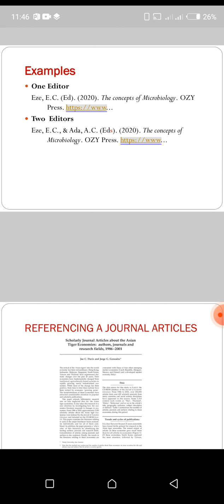If you have a book edited by one person, for example here we have EC, in brackets we have ED showing editor, meaning EC is the editor of the book.